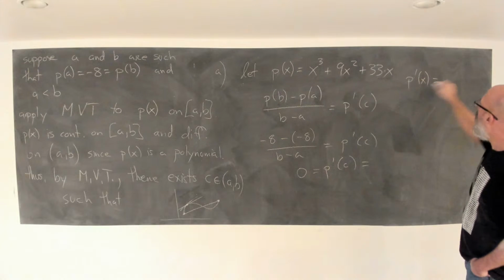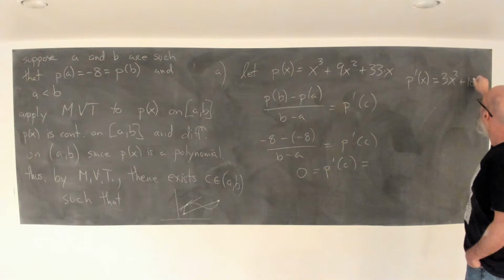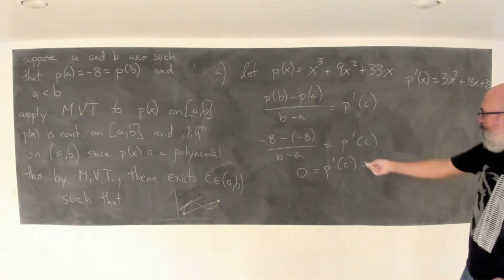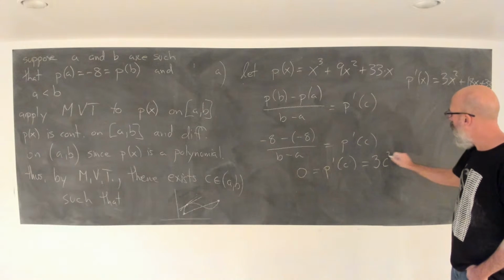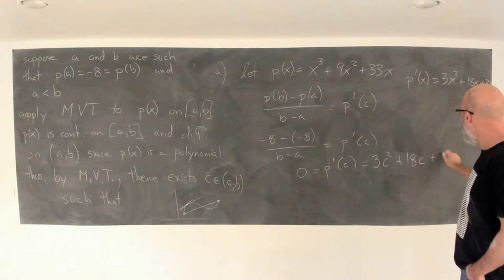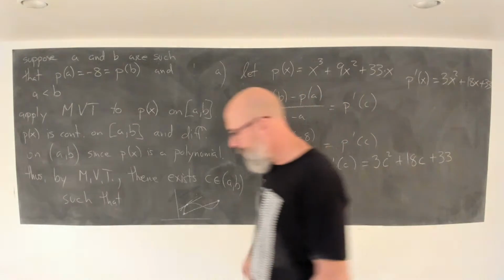The derivative is 3x squared plus 18x plus 33. So the derivative at C is 3c squared plus 18c plus 33. This derivative should be 0 somewhere.